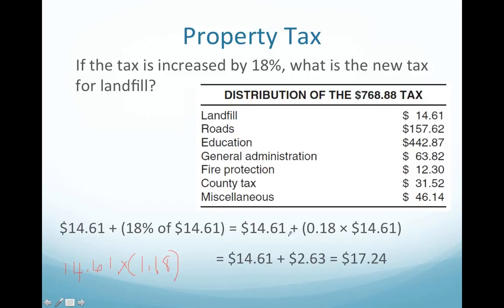Now the 1 stands for the $14.61. Notice we're not multiplying it by 18 cents anymore. We're multiplying it by $1.18, because 14.61 times 1 is 14.61. So that just keeps us from adding. It allows us to do all multiplication, because remember, multiplication is a shortcut for addition. If we took 14.61 and multiplied it by 1.18, we would come up with 17.24.